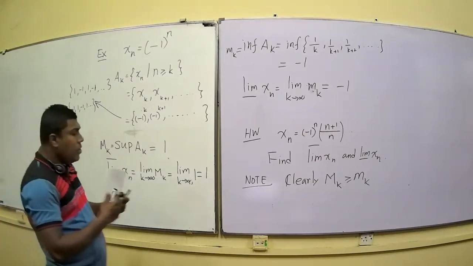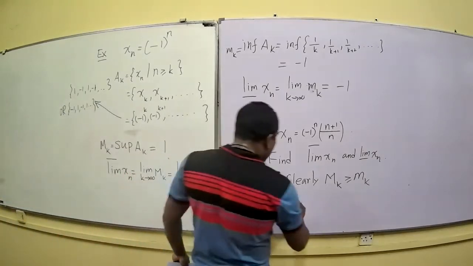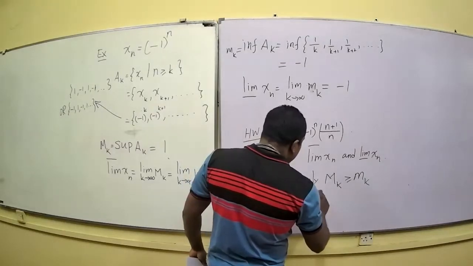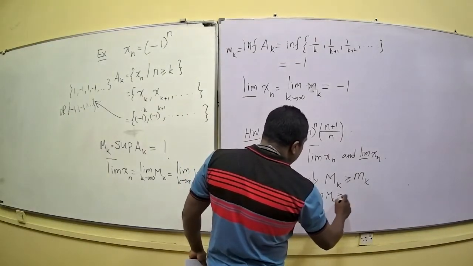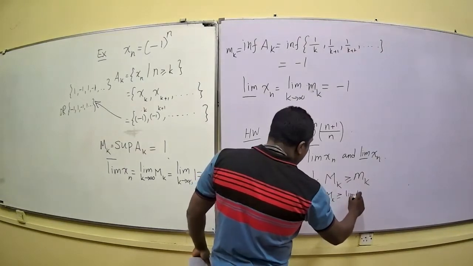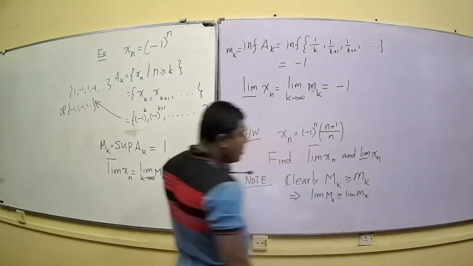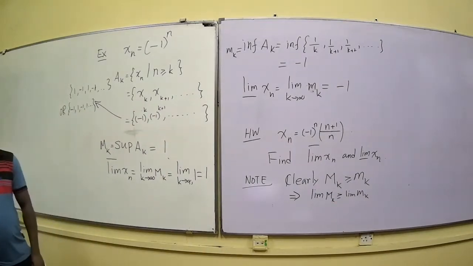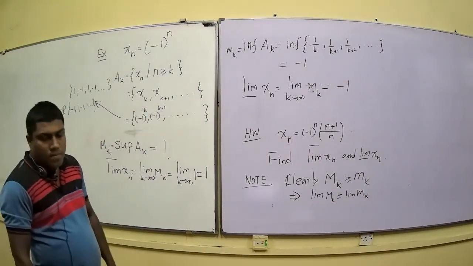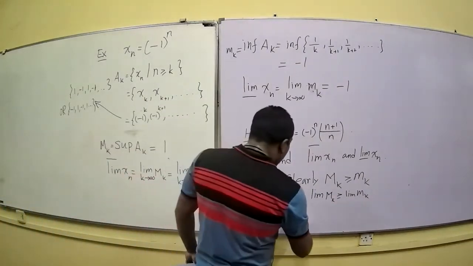So if you take the limit, then the limits will also follow the same order, right? So this means what?